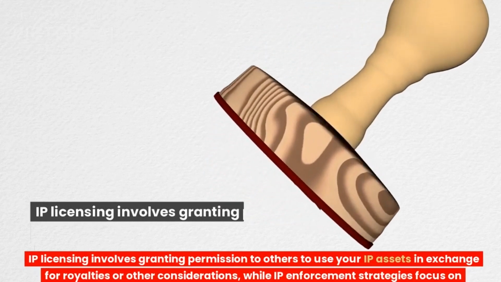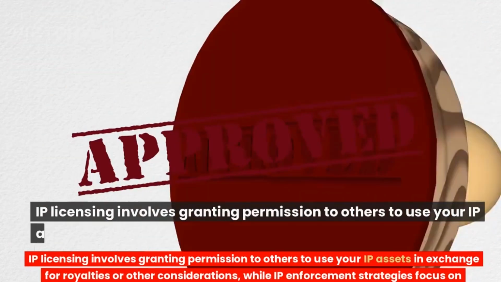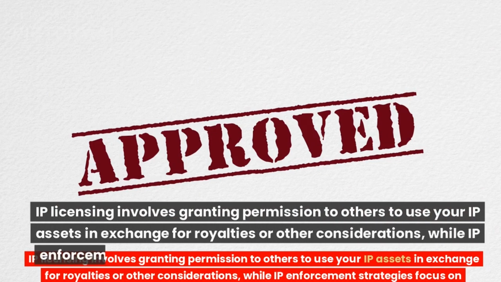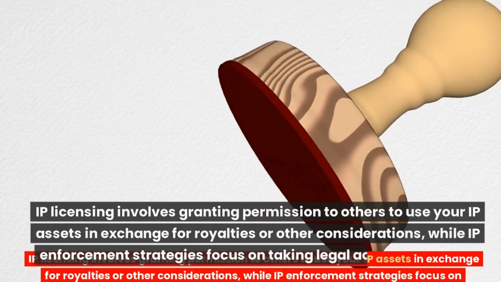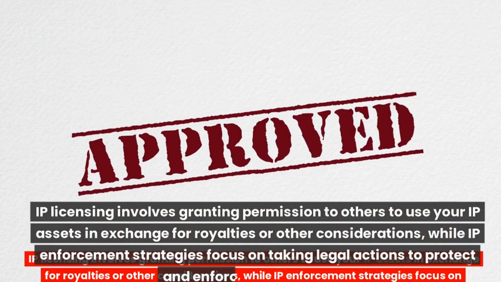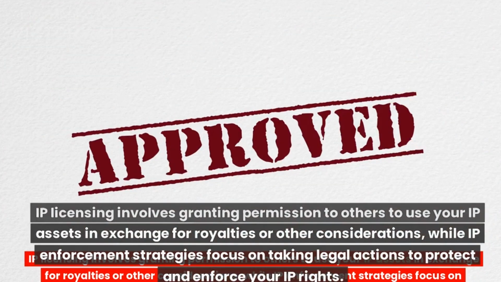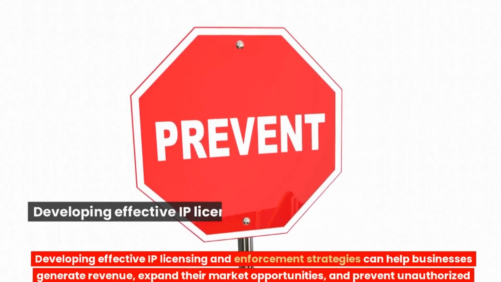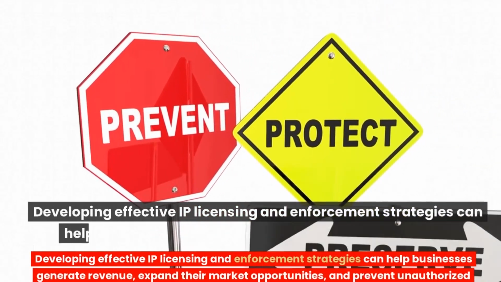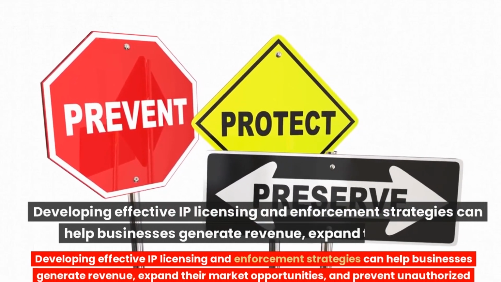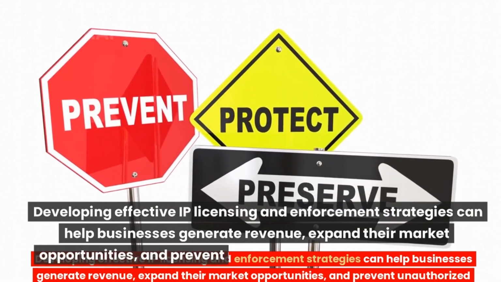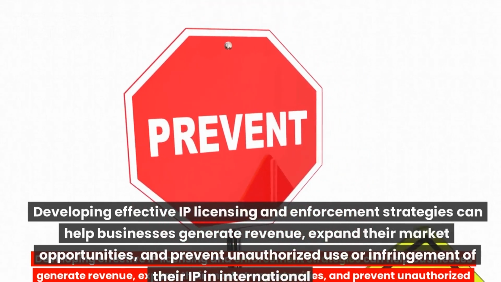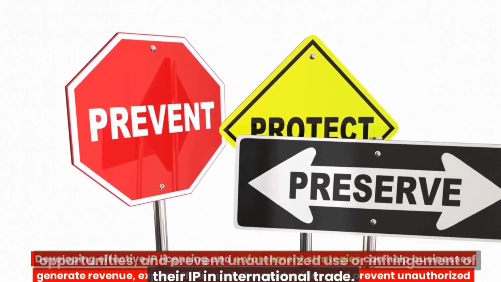IP licensing involves granting permission to others to use your IP assets in exchange for royalties or other considerations, while IP enforcement strategies focus on taking legal actions to protect and enforce your IP rights. Developing effective IP licensing and enforcement strategies can help businesses generate revenue, expand their market opportunities, and prevent unauthorized use or infringement of their IP in international trade.